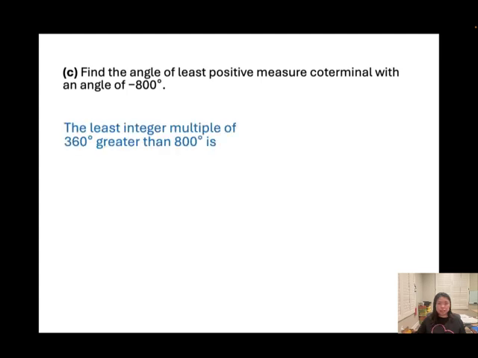Okay, so you're going to add 360 degrees, but you need to get positive. So I'm going to do 360 times 3. You're going to get 1080, and then add it to the negative 800. So you should get 280 degrees.